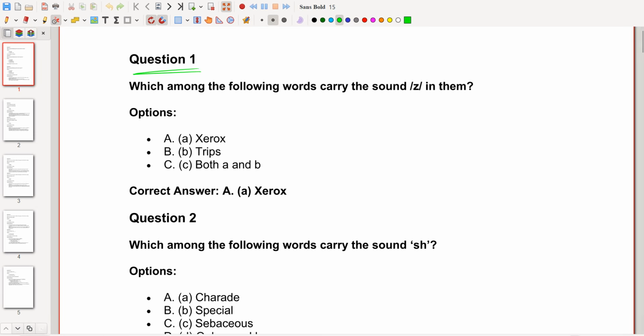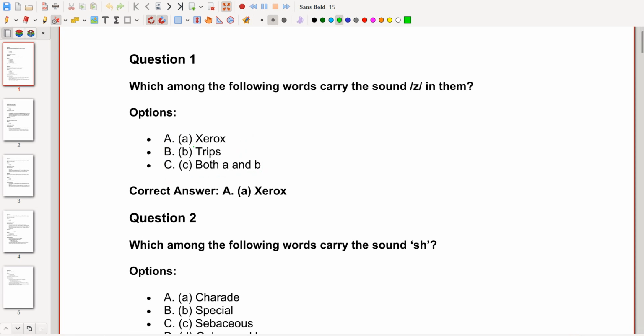See the question 1. Which among the following words carry the z sound in them? This is the sh sound, okay? The z sound. So, we are just going to read all the options here.